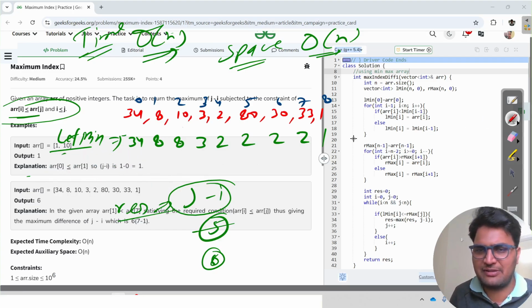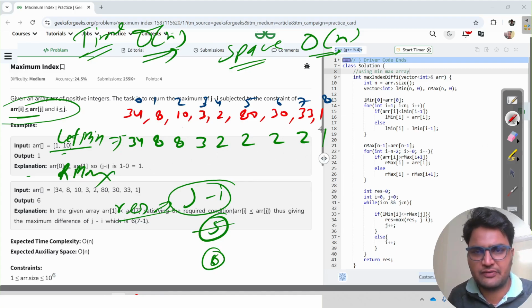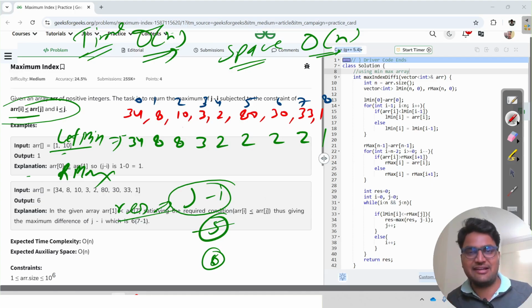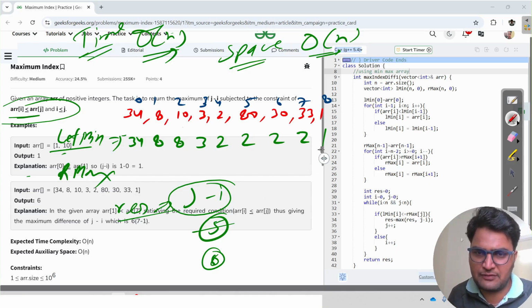Now compute the right max array here. In the right max array, we will start from the right side and maintain the maximum number till that particular index, right? So I'm computing from the right side only.